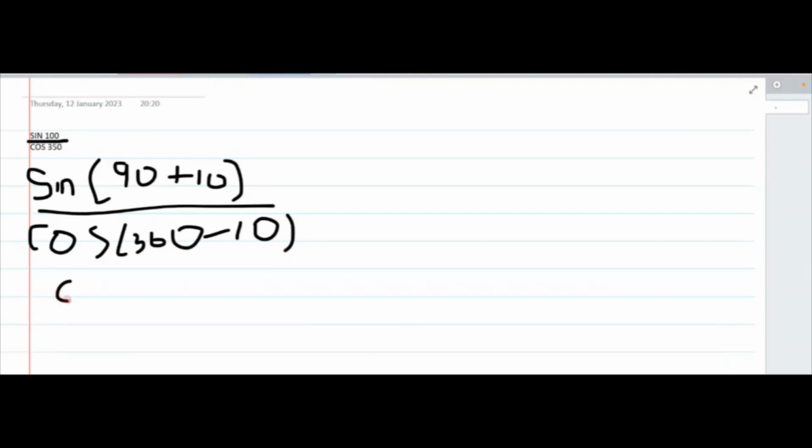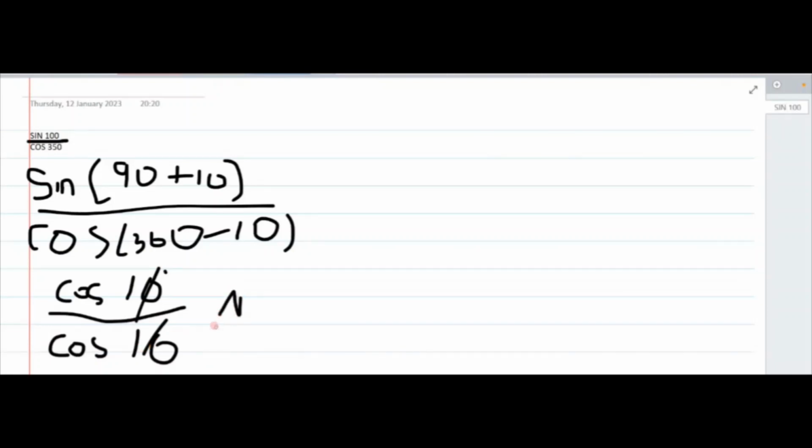So we get cos theta, which is cos 10. And please guys, don't forget the degrees, because it seems like you forgot. Cos of 360 minus 10 is of course positive in the 4th quadrant, so it's gonna remain positive. Cos theta, our theta, which is 10, and then they are cancelling because they are the same, and the final answer is 1.